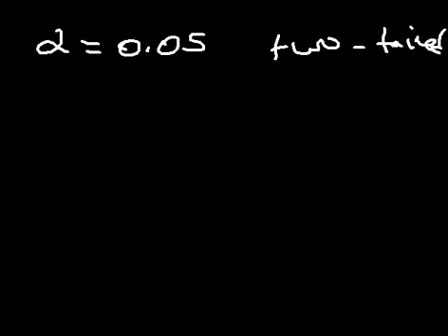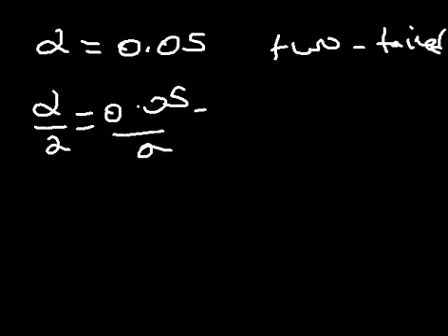Since it is two-tailed, we'll have to divide the alpha by 2, that is 0.05 divided by 2. What will be that one? So 0.05 divided by 2 is 0.025.